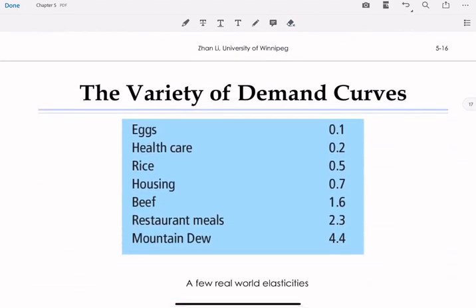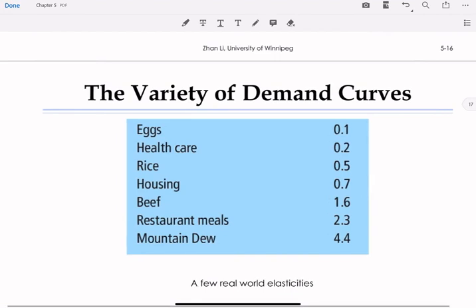And here you can see that we have some elasticities for different kinds of demand curves, right? From eggs to Mountain Dew. And you can see that the elasticities can have a very small number, which is 0.1 for eggs. And then it could become large.